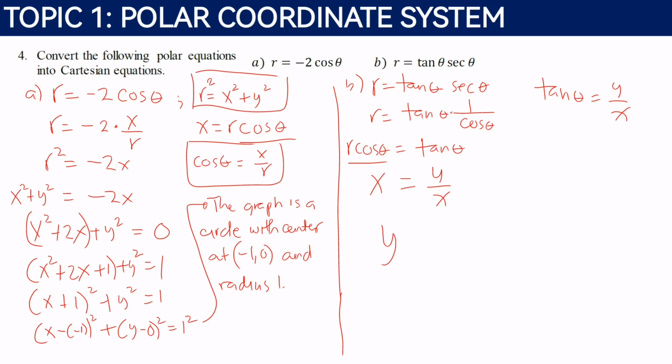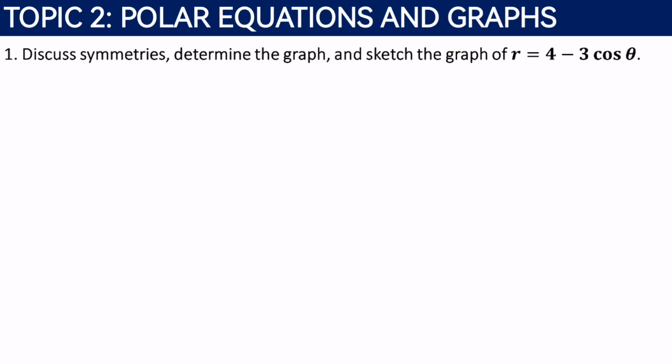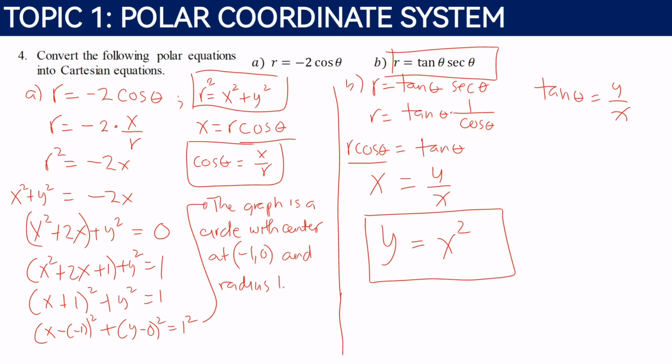So the Cartesian form of this polar equation is y equal to x squared. This is a parabola opening upward. Okay, so I think that's it for topic 1. I'll make another video for topic 2.